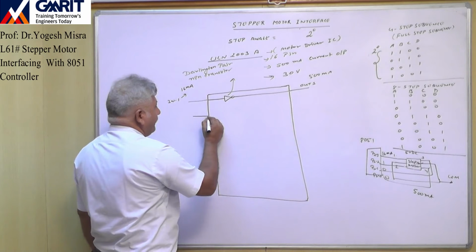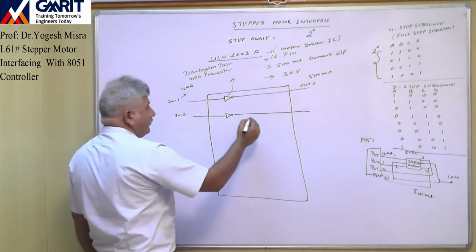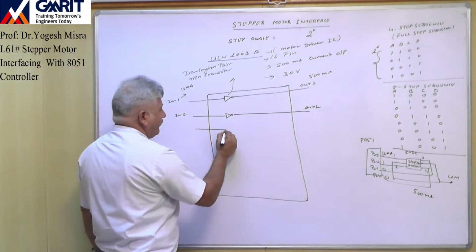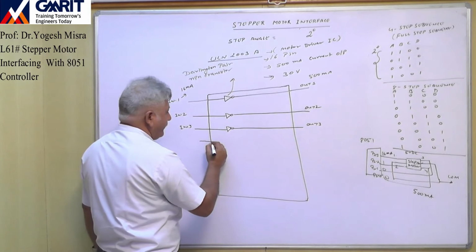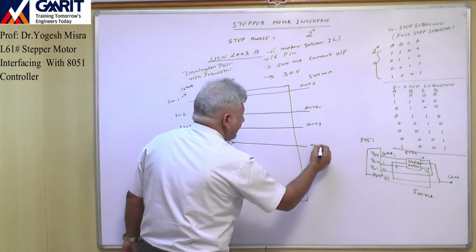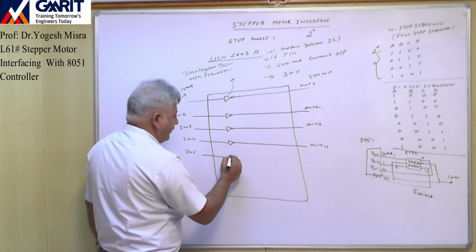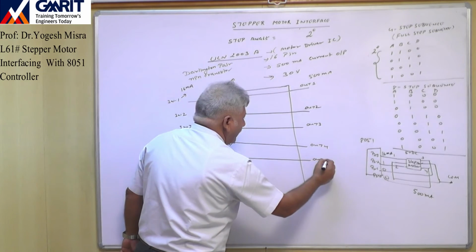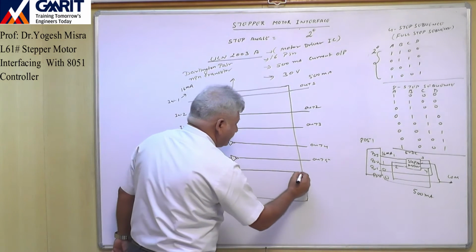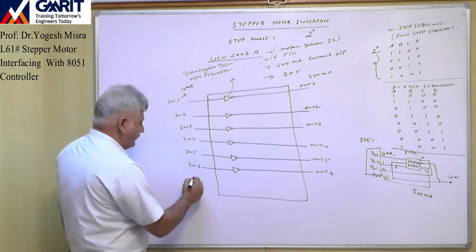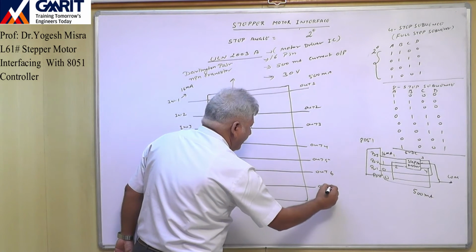So this is input number 1. Input 2, out 2, out 3, in 3, out 4, in 4, out 5, in 6, out 6, in 7, out 7.